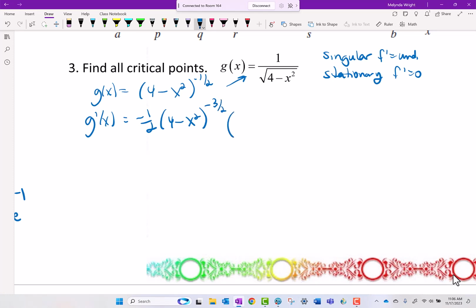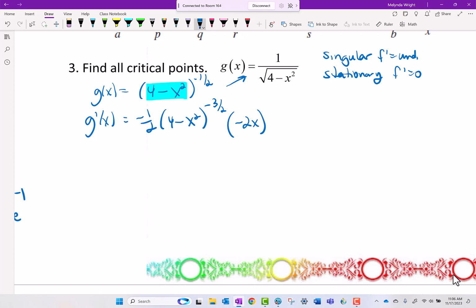Then, if you remember, we'd have to chain this. I would multiply by the derivative of the inside. The derivative of 4 is 0. The derivative of negative x squared is what? Negative 2x. Okay, and that's my derivative.